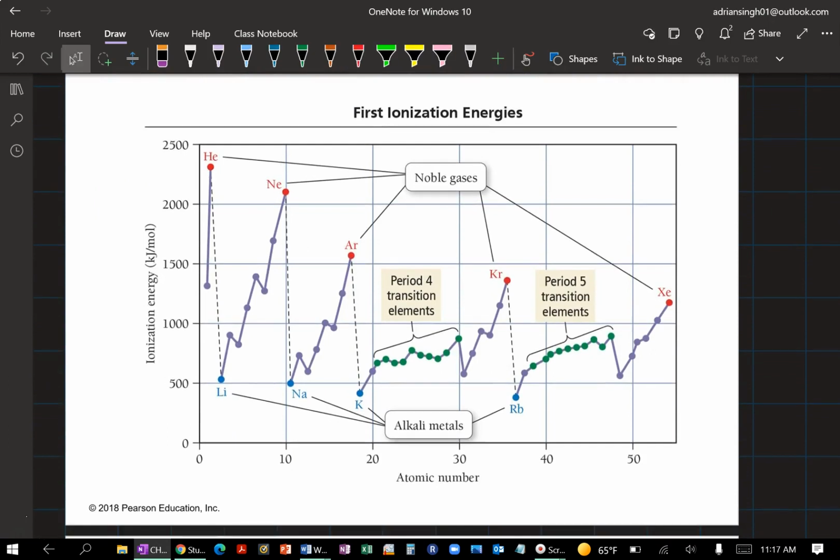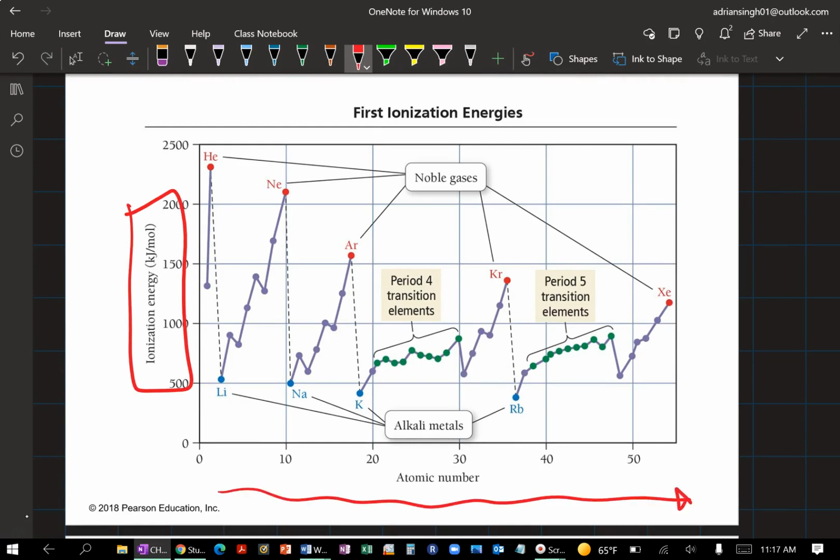Okay, so we have those ionization energies plotted here on the y-axis in units of kilojoules per mole, and we plot that as a function of increasing atomic number, going from left to right. So what you'll see is, first of all, as we go from left to right across the table, the types of elements that have the highest first ionization energies are all here at the top.